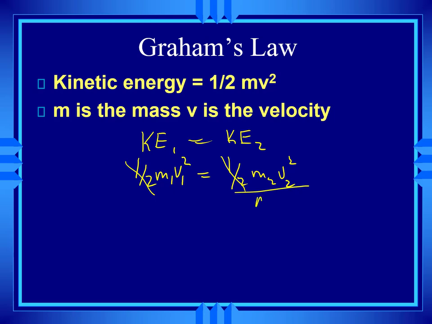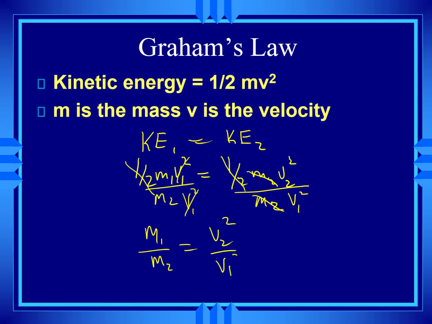So I'm going to divide both sides by mass 2, so those cancel out, and divide both sides by velocity 1 squared, so that cancels out. And I'm left with m1 over m2 equals v2 squared over v1 squared.